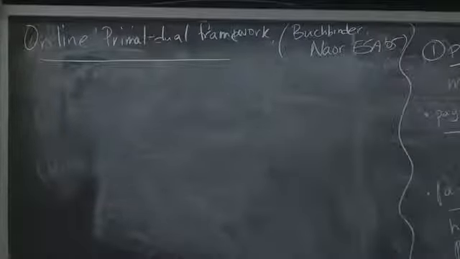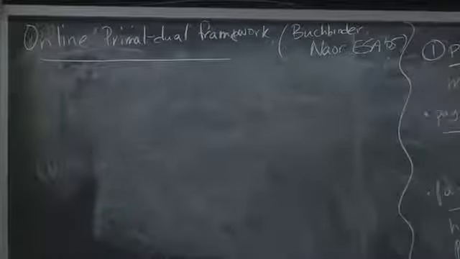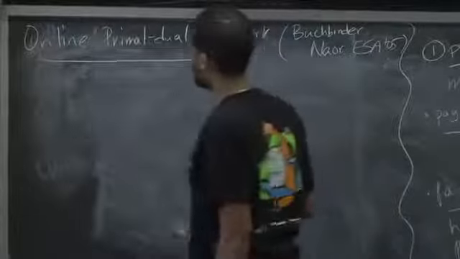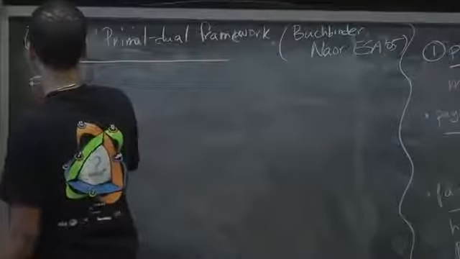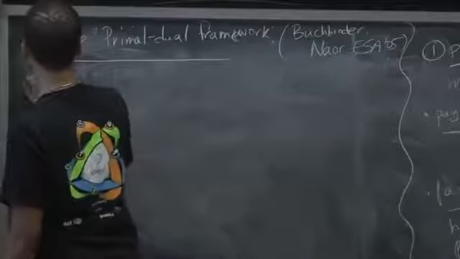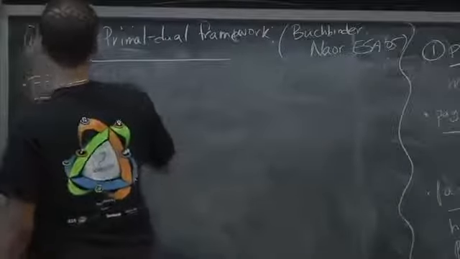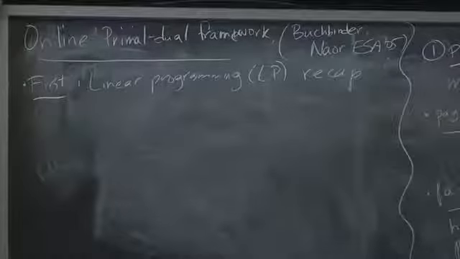Okay. And before I talk to you about the primal dual framework, I need to remind you about linear programming. So first off, we need a linear programming recap. I'm going to call LP for me stands for linear programming or linear program depending on context.